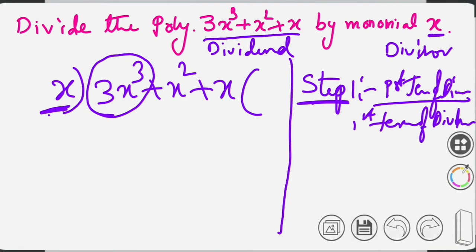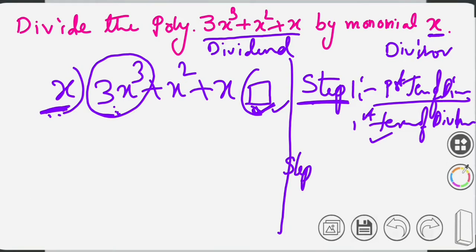If you follow this process, then we will get a term, that is the first term of the quotient.